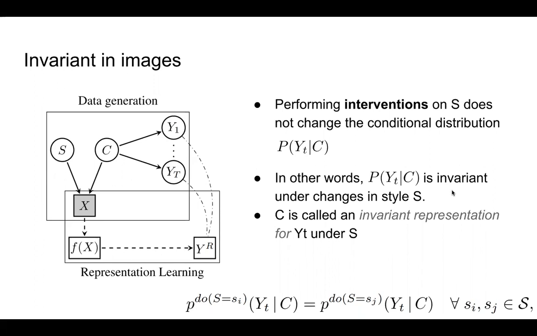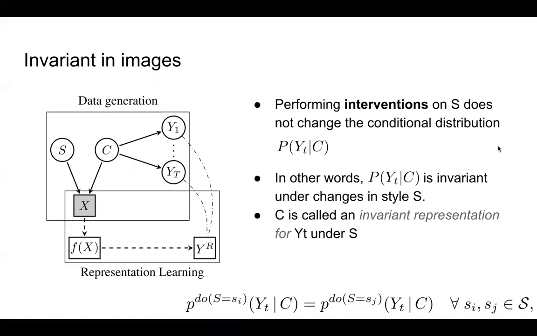But we know that only the dog should be relevant to the task. So ideally, if we do some intervention on S, it shouldn't change the conditional distribution.